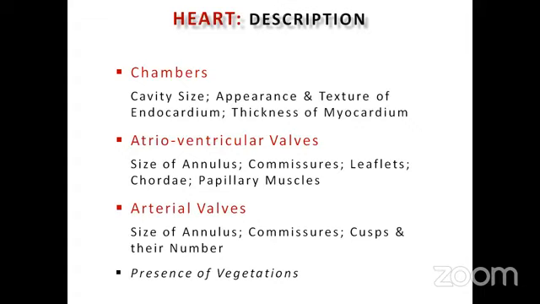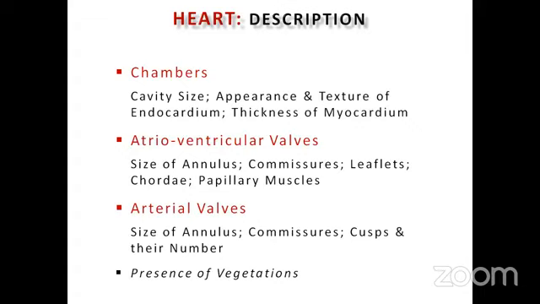Atrioventricular valves should be described with reference to the size of the annulus, the commissures, leaflets, and the subvalvular apparatus, which is composed of the chordae tendineae and the papillary muscles. The arterial valves should be inspected for the size of the annulus, commissures, cusps, and their number.